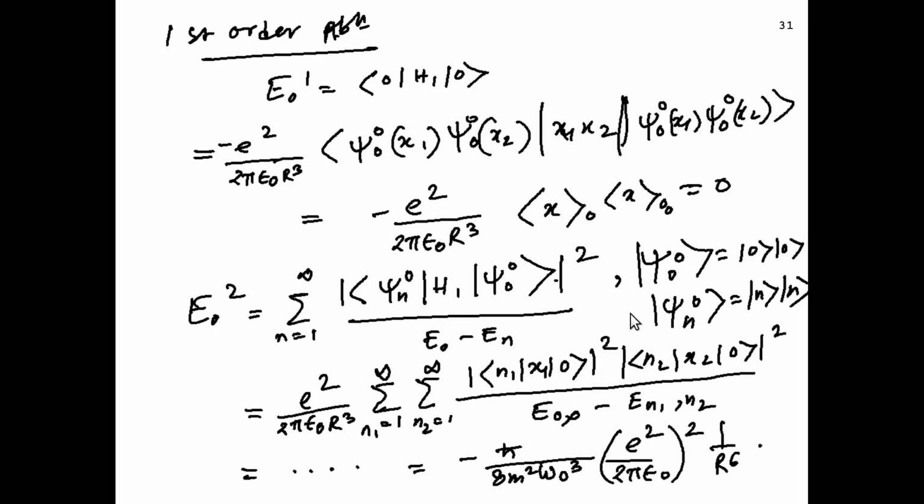Similarly, in the second order, you can apply the simple second order perturbation theory formula. You can write the correction as n n, and the nth state as n n and 0 0. You do a little bit of algebra and you will get the same form, which is the van der Waals energy correction, and that is what I wanted to just show you as an interesting application of this perturbation theory.